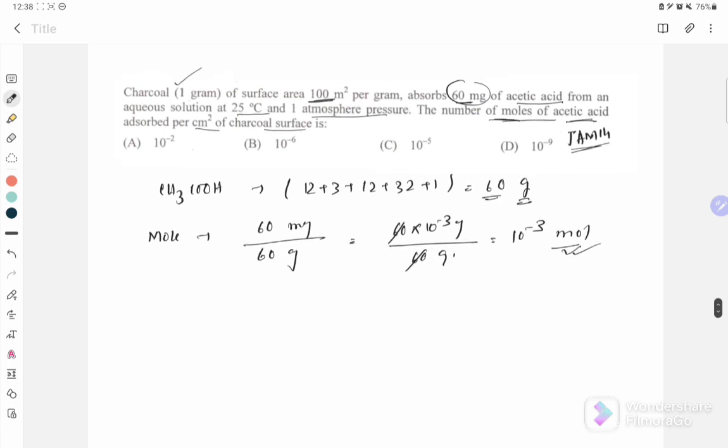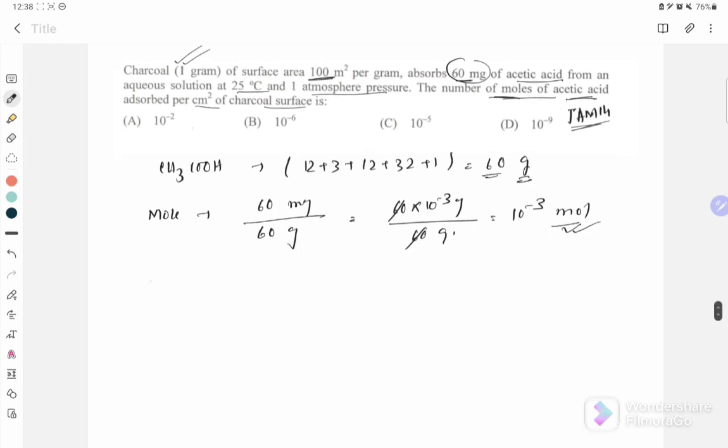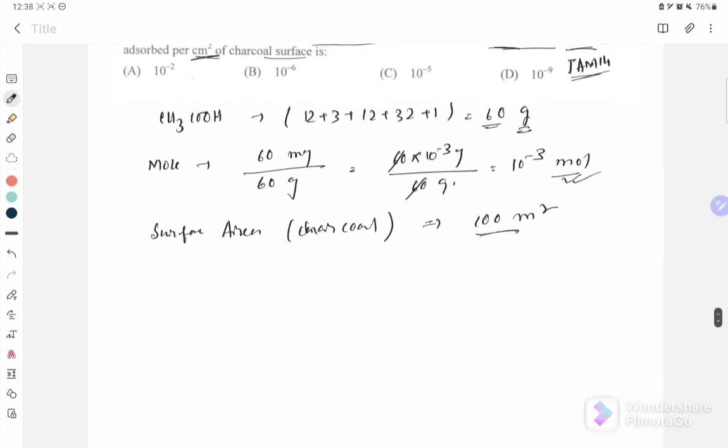Okay, so 1 gram of charcoal has a surface area of 100 meter square, but they're asking about cm square, so we'll convert it into cm square.